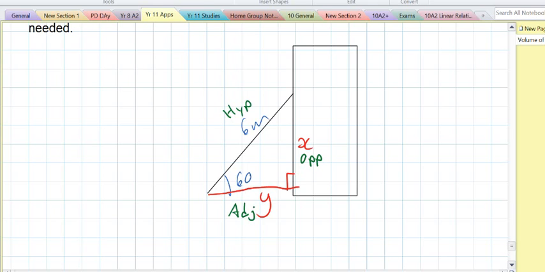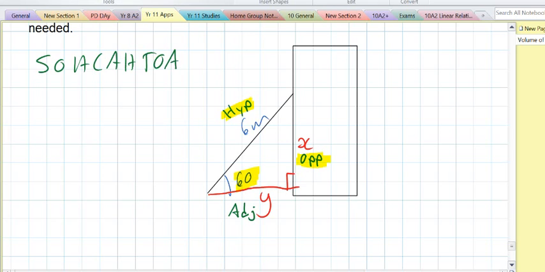Alright, which should we go for first, X or Y? It doesn't actually make a difference. X, good one. Alright, so if we're going for X, we have the opposite, we know the hypotenuse, and we have an angle. So if we remember SOHCAHTOA, which one of those three do we use?